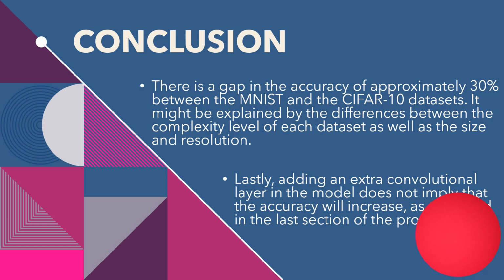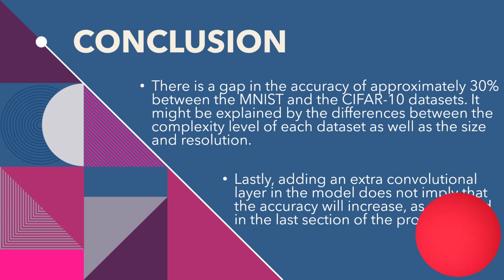First of all, there is a gap in the accuracy of approximately 30% between the MNIST and the CIFAR-10 dataset. I believe that it might be explained by the difference between the complexity level of each dataset as well as the size and resolution. Lastly, adding an extra convolutional layer in the model does not imply that the accuracy will increase.